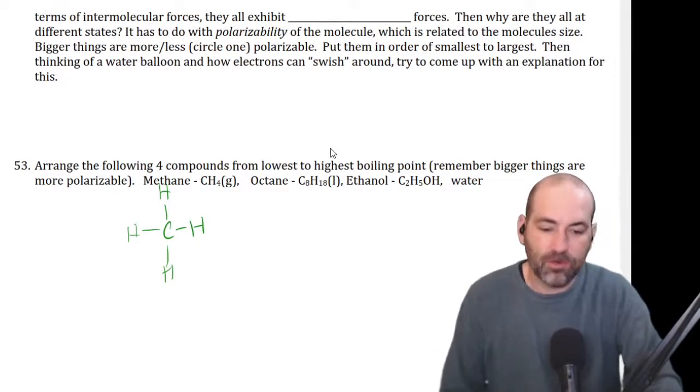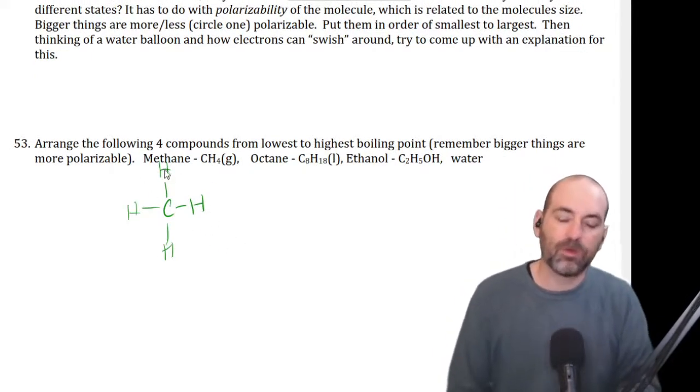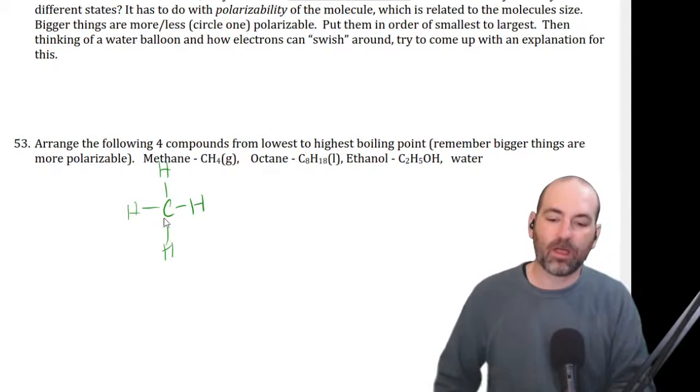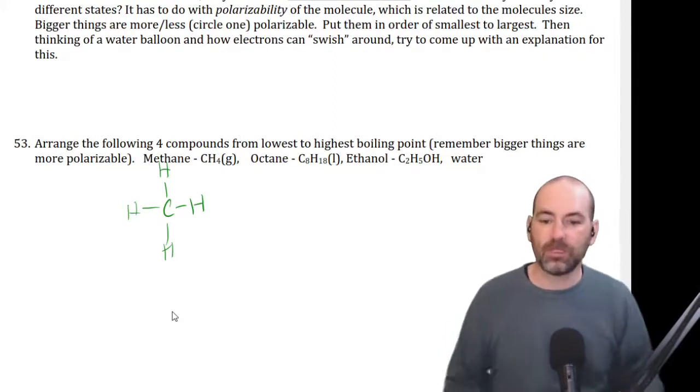But just for review, if we wanted to know what the molecular shape of methane is, we would go, okay, methane has a central carbon and then 4 groups around it. So those are going to arrange themselves in a tetrahedral geometry.